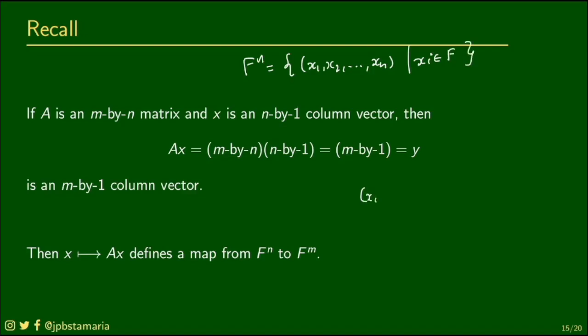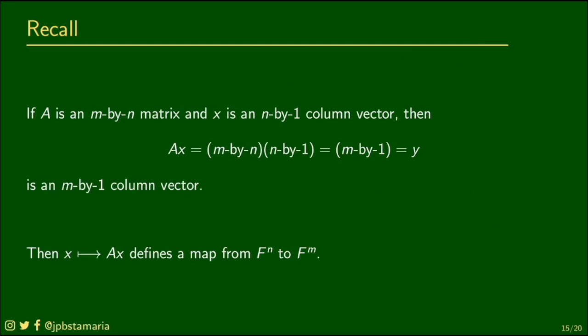So if you just express the vectors in column form, like so, you can think of multiplication of an m by n matrix A from the left of a vector. Again, if we multiply a matrix A on the left of a column vector x from Fn, what you will get is an m by 1 vector, or an element of Fm.